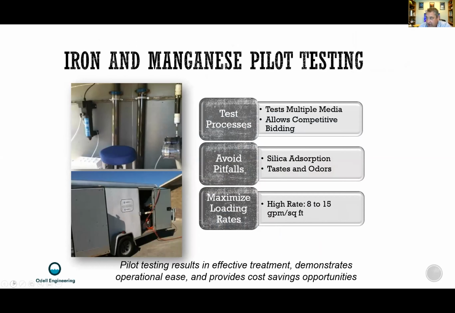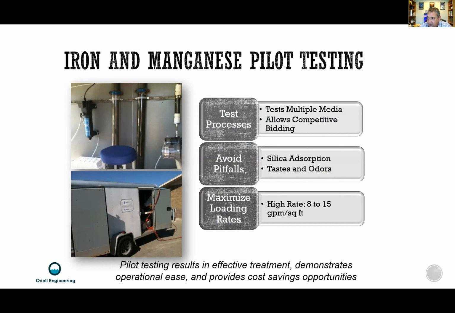Iron and manganese pilot testing is critical. It gives you a chance to test multiple different media and allows competitive bidding. There are some pitfalls that can happen with absorptive iron and manganese removal processes. One is if silica is absorbing to the media over time. It might take a year or 2, but it will blind off the absorption sites on the media and it'll just quit working.